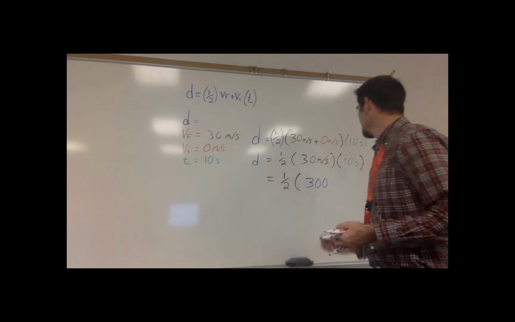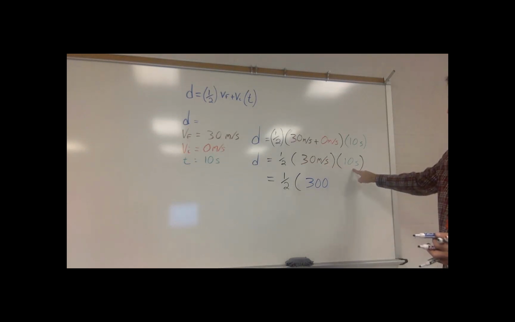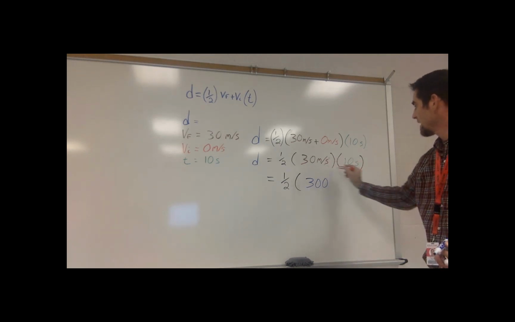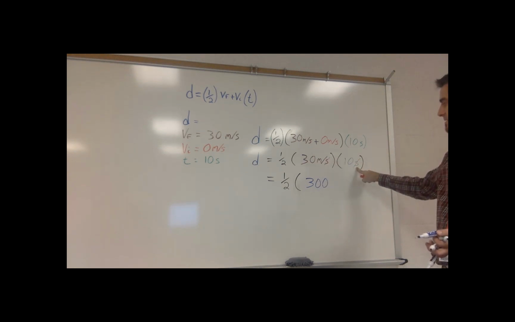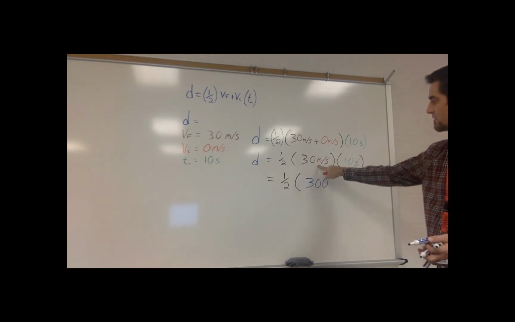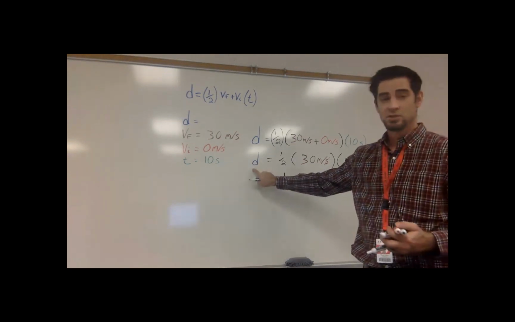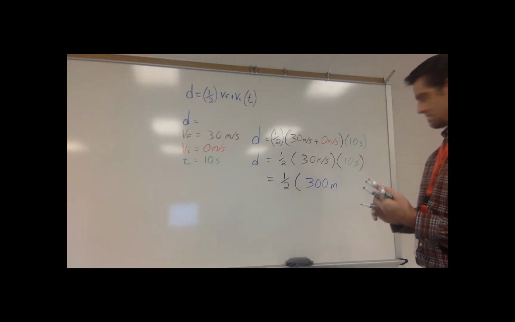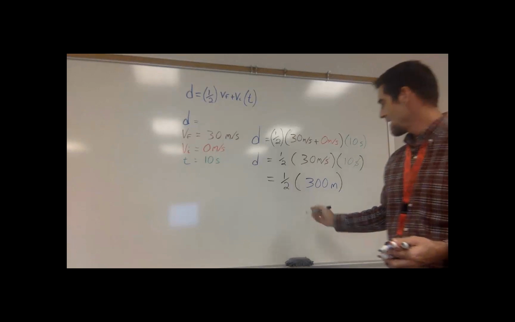300 what? Meters per second times seconds. What happens is your seconds will cancel out because you have seconds as a denominator and seconds as a numerator. So seconds cancel out and you're left with meters, which is what distance should be in. And now all we need to do is figure out what half of that is.